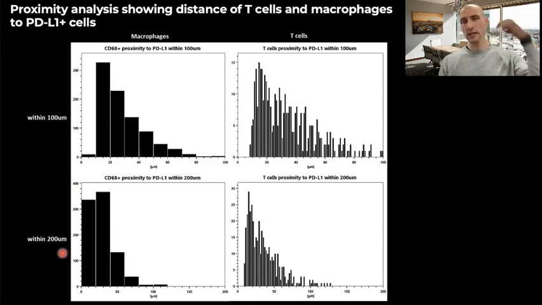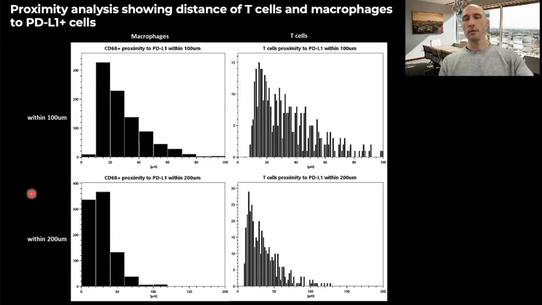The first thing you can see from these plots are, I would say, two conclusions. The first one is you have many more bars for T cells than for macrophages. This is because macrophages seem to be more packed than T cells, which are more sparse within the cores.